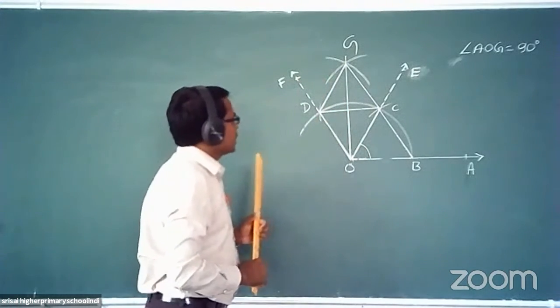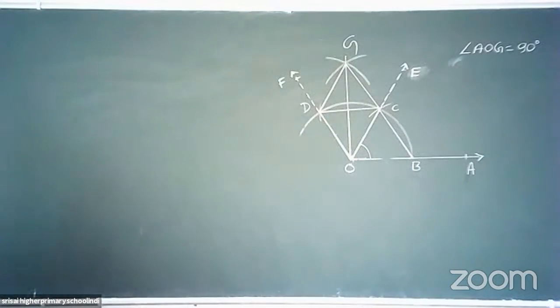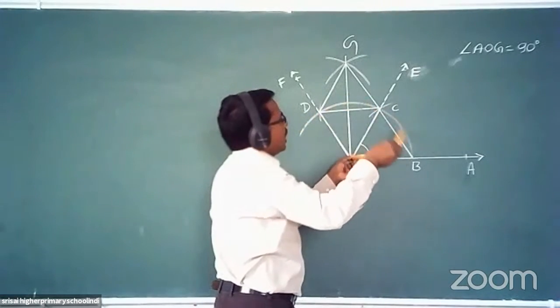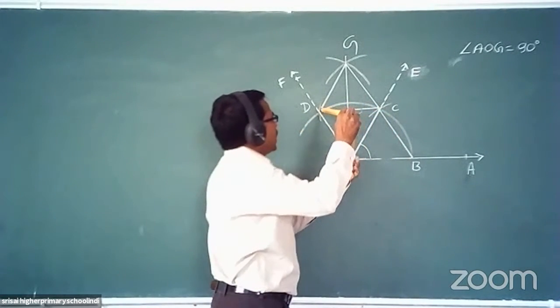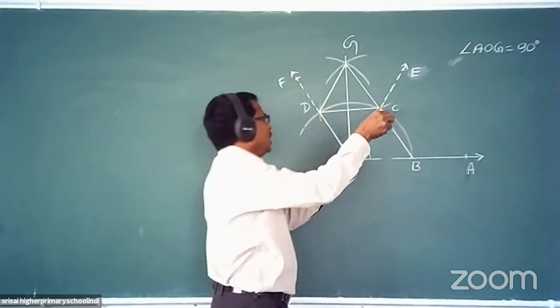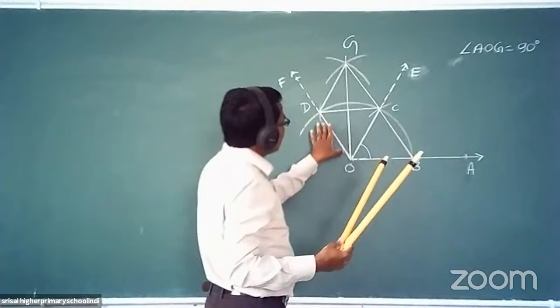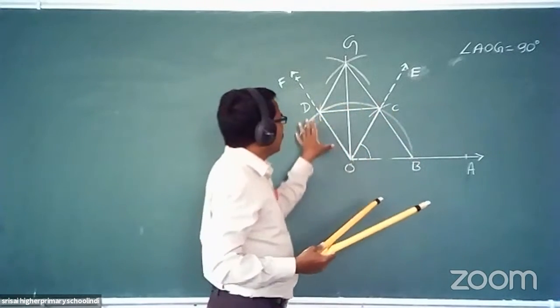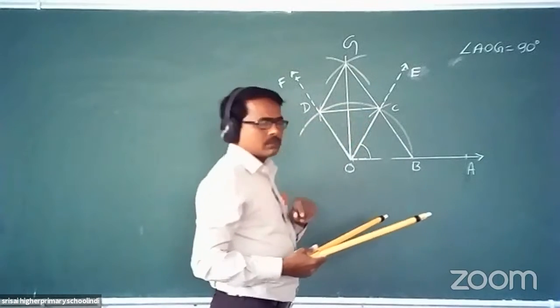In these two triangles, which are the equal parts? Here you have drawn an arc. So OD and OC are equal. OD equals OC because these are radii of the same arc. Therefore, OD and OC are equal.